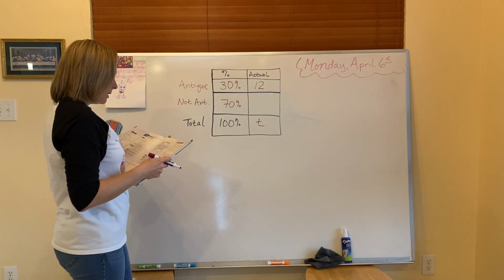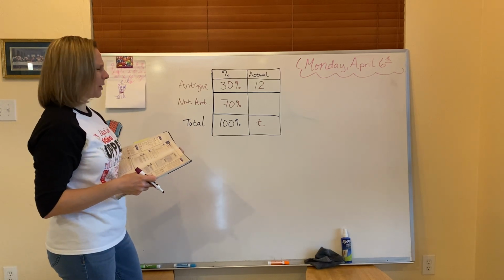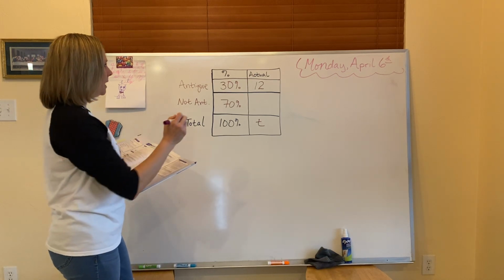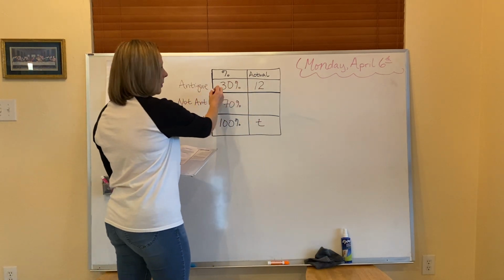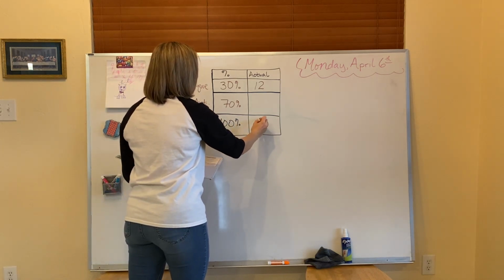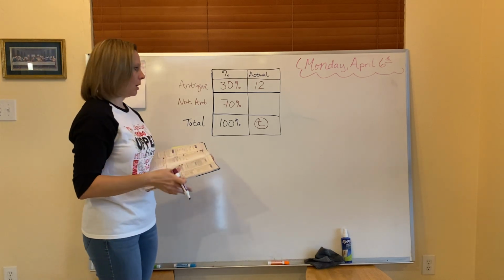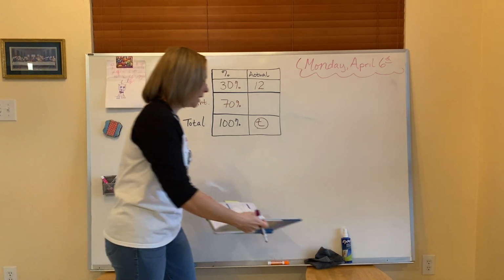However, do we really need to know that part? No, not really. All we need are two rows, one that's full, and then the other one that we need to find the number for, right? So we're looking for total in all.